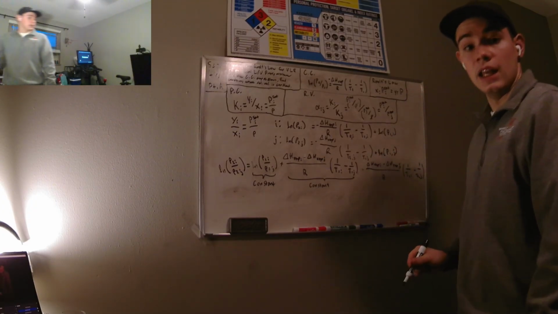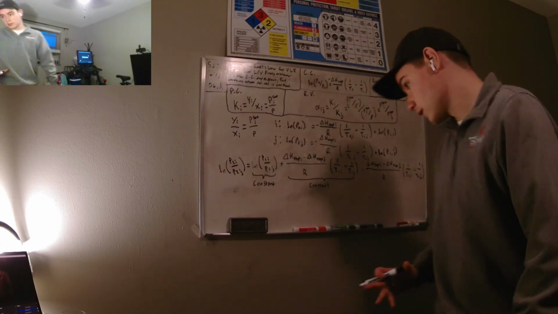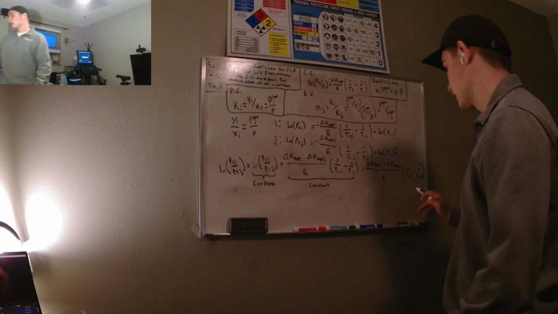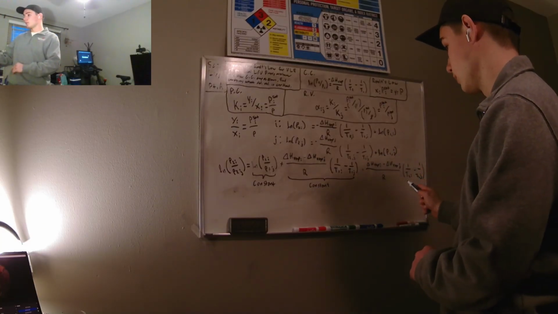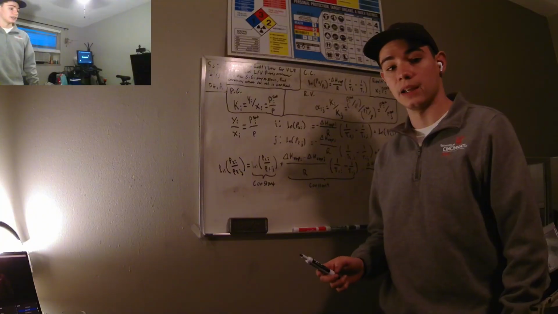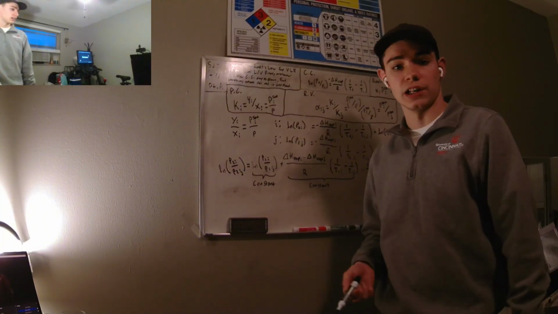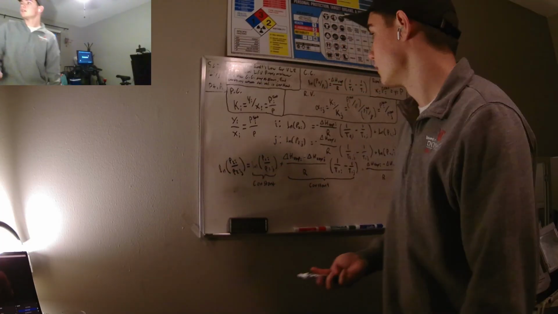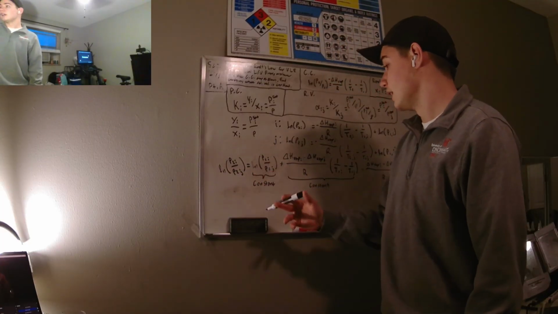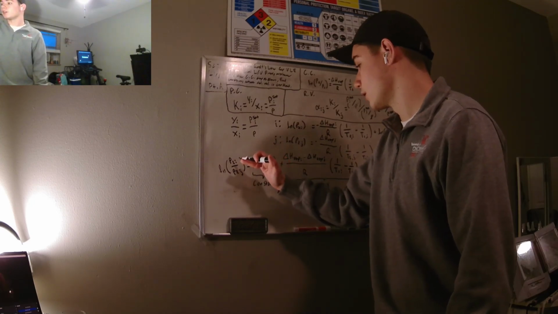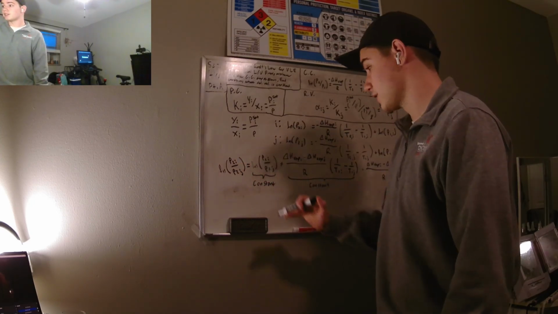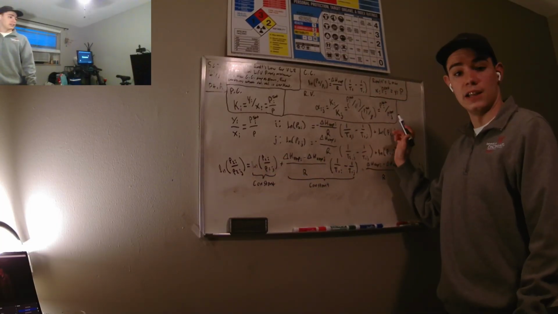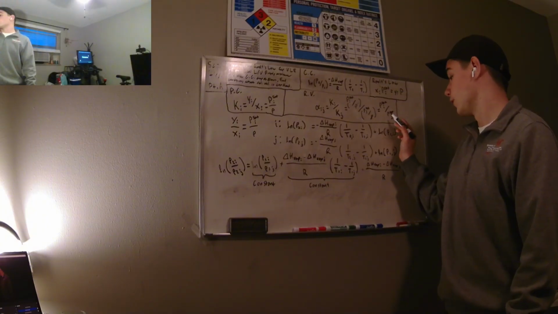Now, it's very important to notice that if this term goes to 0, we can knock out this entire term, leaving us with two constants from the beginning, meaning we have constant relative volatility, as this value here would be constant. And this value is our saturation vapor pressure for i divided by our saturation vapor pressure for j, which, if you remember up above, is our equation for relative volatility.